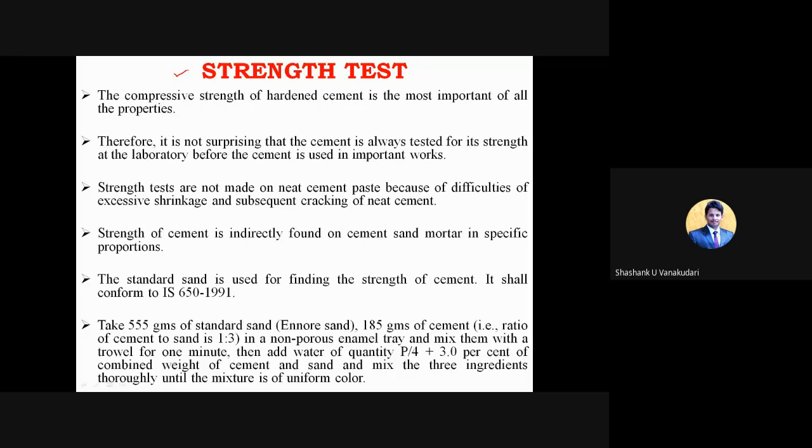So strength test, as I told while explaining the properties of the cement. Clear? When the matter comes with respect to strength, I told we need to take cement as well as sand to find out the strength property of the cement. Okay, so I have given you the reason also why we prefer sand and which type of standard sand we'll prefer.